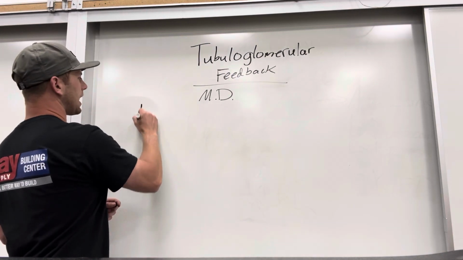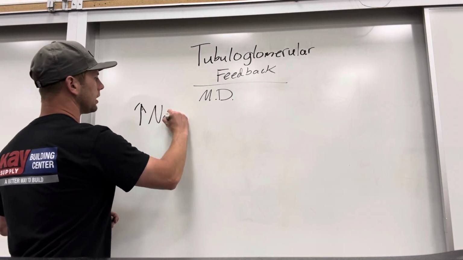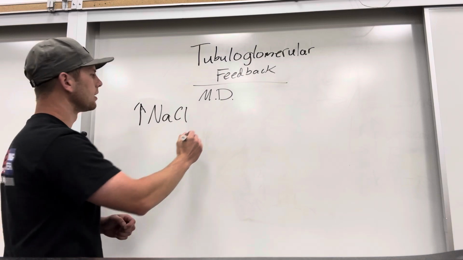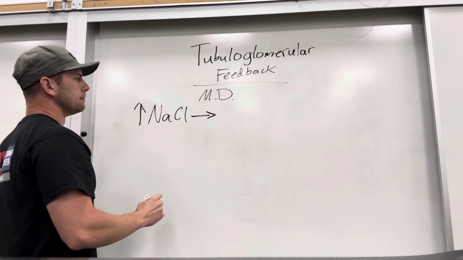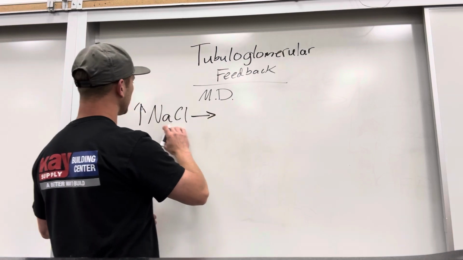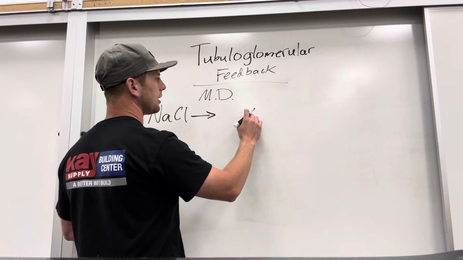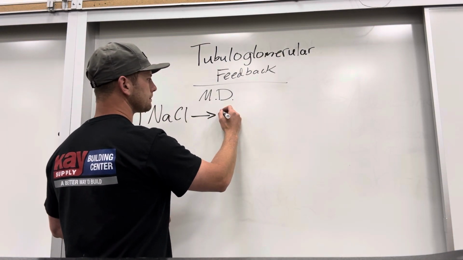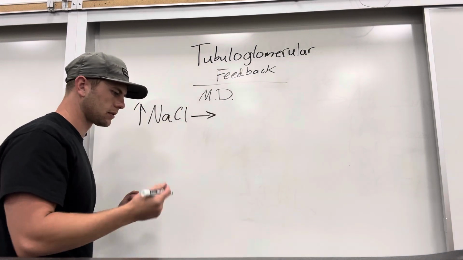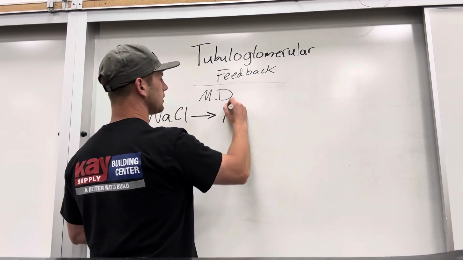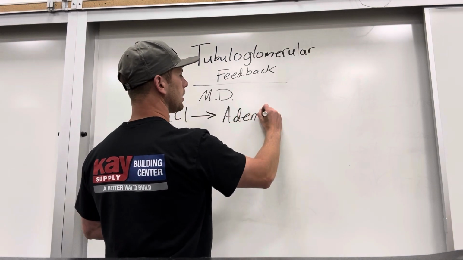So if we have a high NaCl, the macula densa will take this and release, why am I drawing a blank? Adenosine, sorry about that.